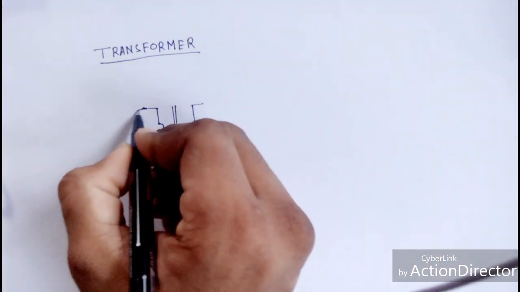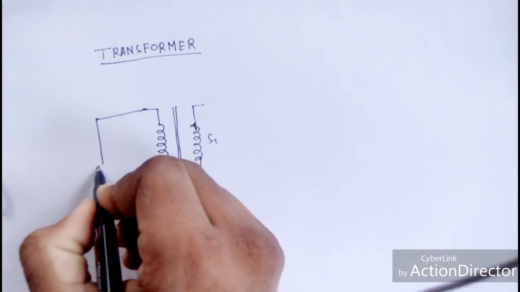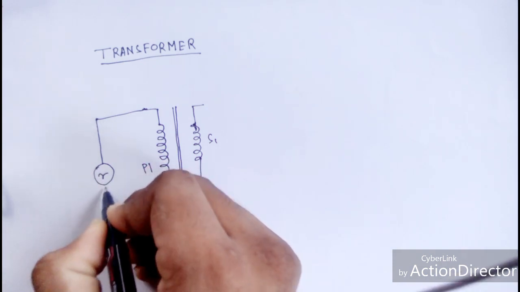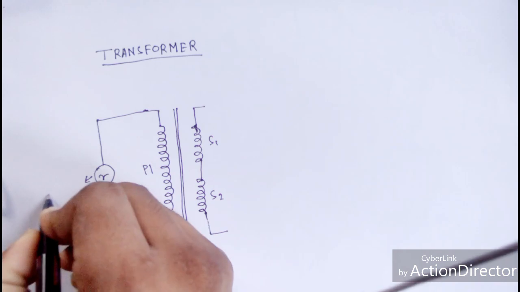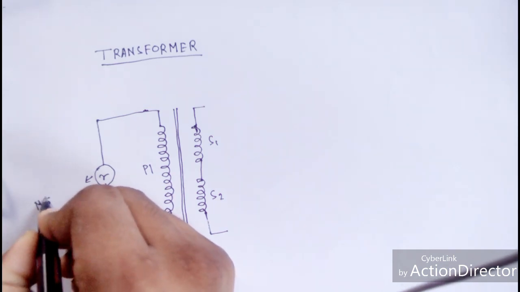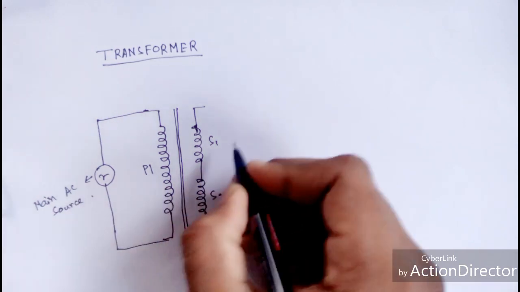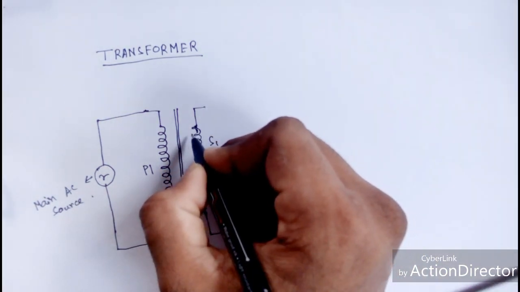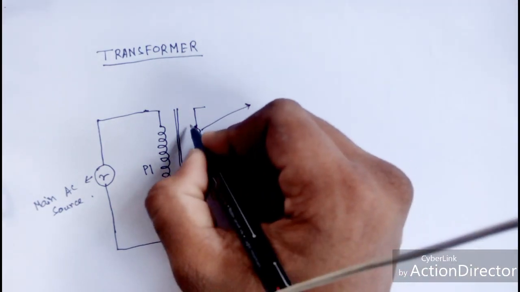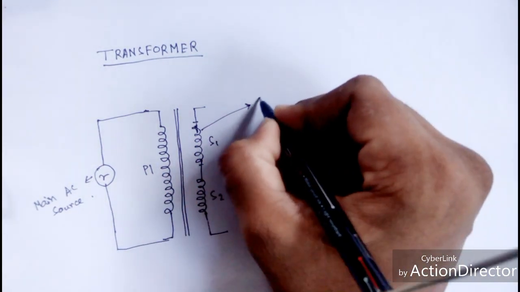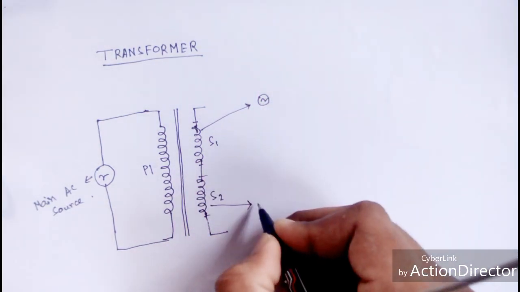So here we have to put the main source AC voltage. And here we can get the output. So we can say that across this we can get an AC, and across this we can get an AC.